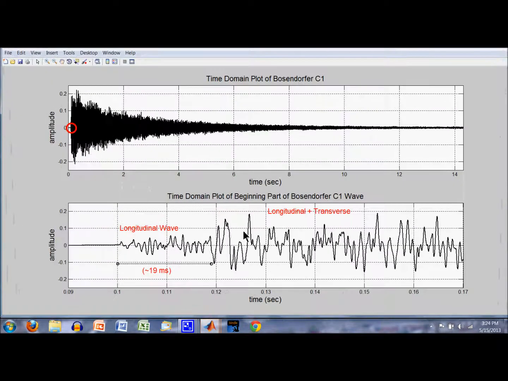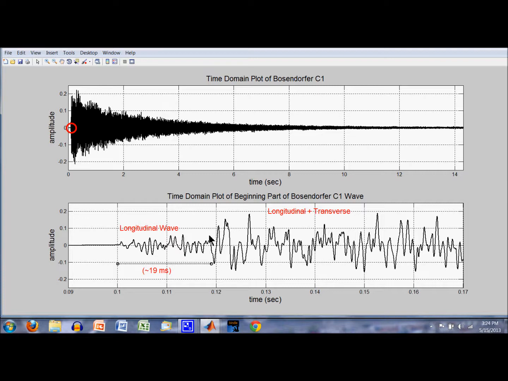Now let's take a look at the leading part of the wave. In other words, here's the wave I just showed on the previous graph, and we're going to take a look up right in here. And here's the graph of that area. You can see there's a leading portion that you can't see on this scale up here. But there's a leading portion of about 19 milliseconds, which is a longitudinal wave.